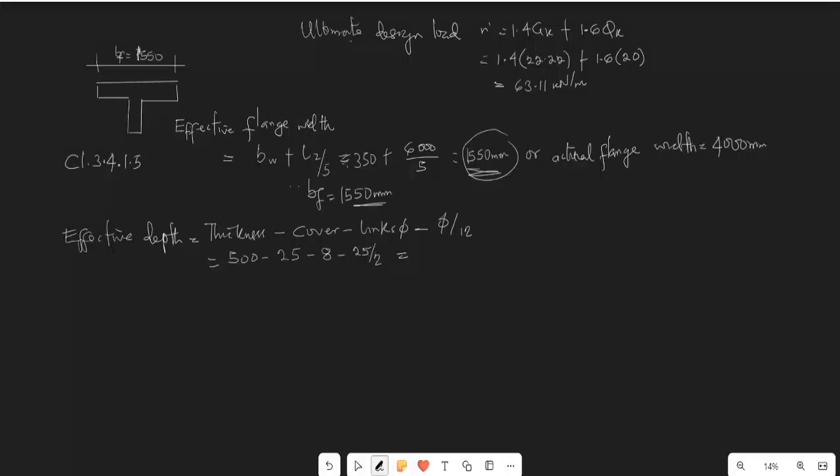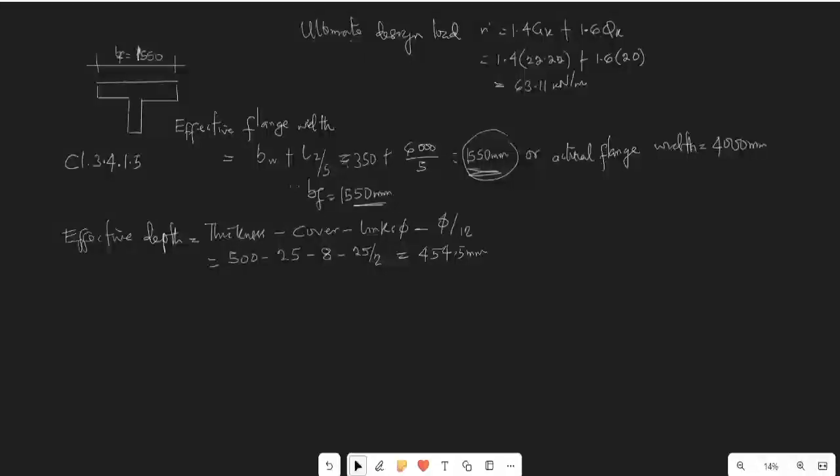So this should give us, using your calculator, 454.5. All right, so this is the effective depth.